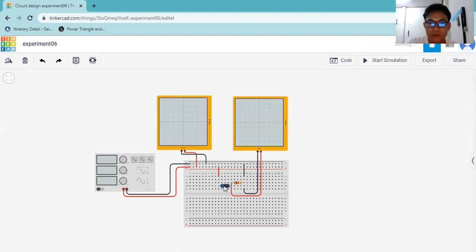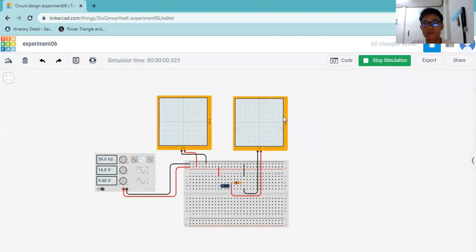Change this direction of the diode, and then it would give us the opposite direction. As we can see before, it's half-wave rectifier, and it is negative half of the result. And if we change this, we would have the positive part.